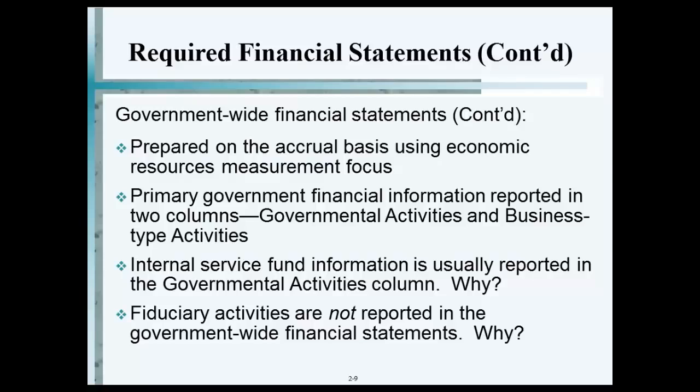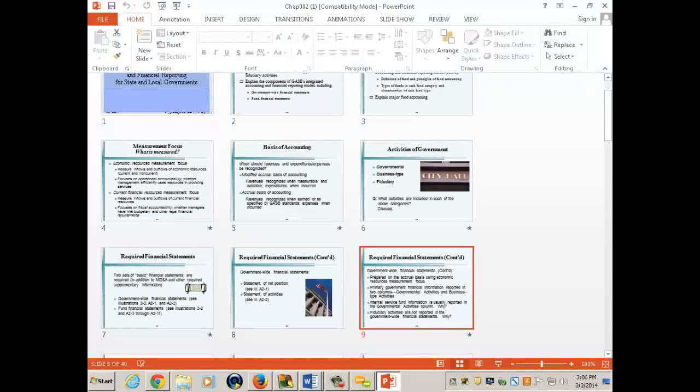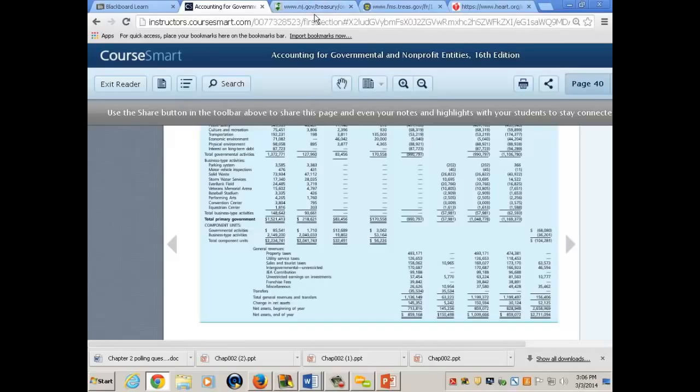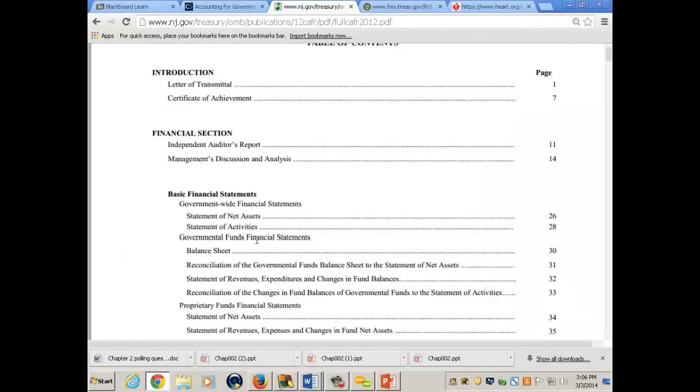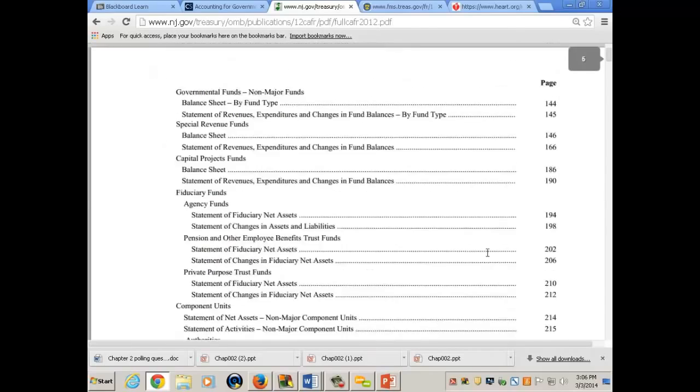Could you imagine looking at the state of New Jersey? Let's take a look at the state of New Jersey, because I want you to see something. There's nothing like actually seeing this. Statement of net assets on page 26. Okay.